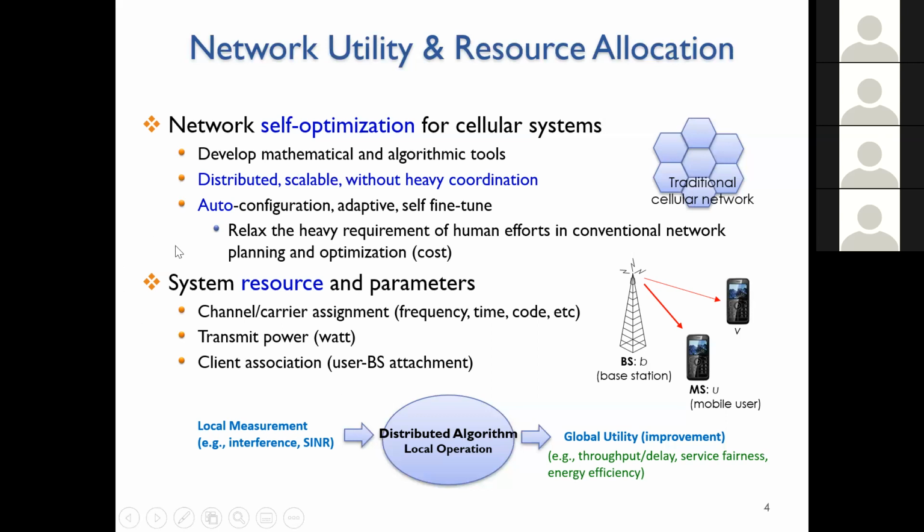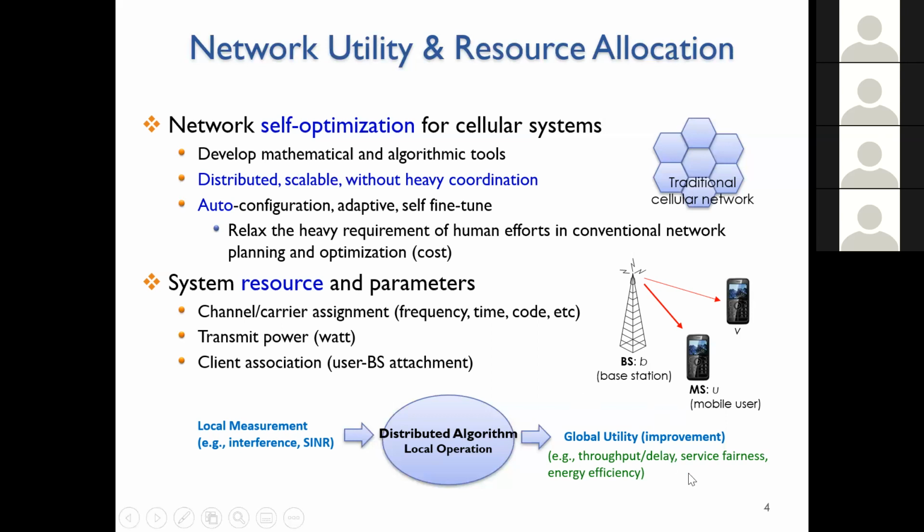Of course, in the literature we call this self-optimization, or if you trace back to the old literature, people say this is SON, self-organizing network. So the principle, or the objective, is that you would like to have a local operation, distributed algorithm. You measure something locally from the user, such as a local measurement of interference, signal to noise ratio, or similar.